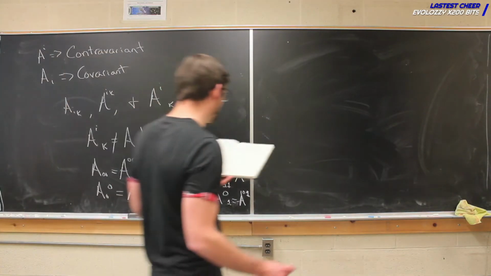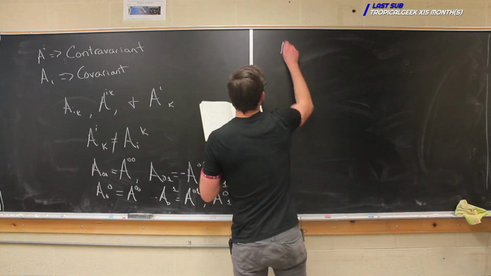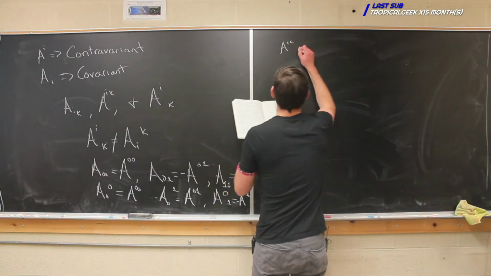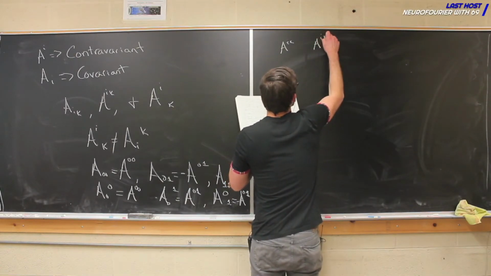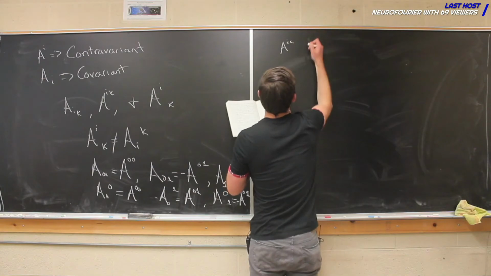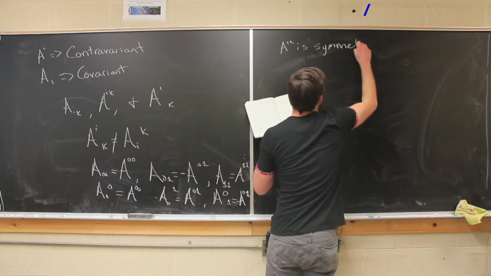So we can also talk about symmetric versus anti-symmetric tensors. A symmetric tensor, A_ik, is going to satisfy the following relationship. Maybe I should just write something about it, so it's not lost to anybody who gets in.